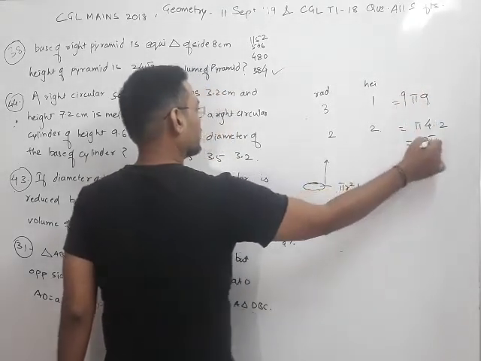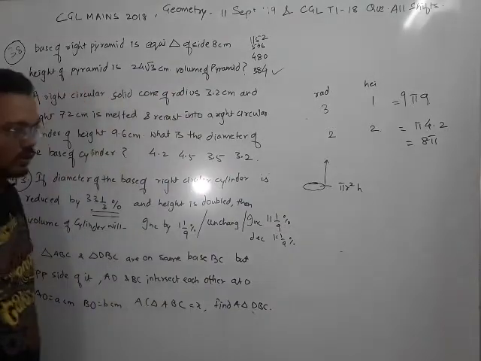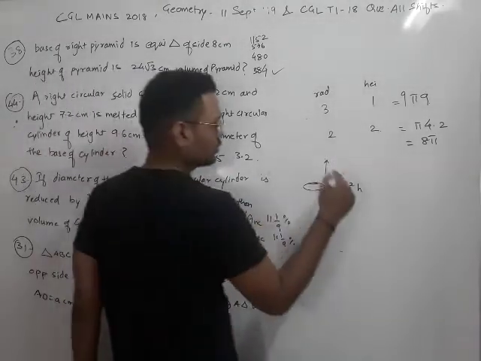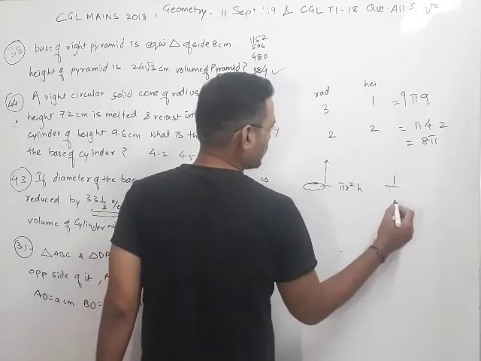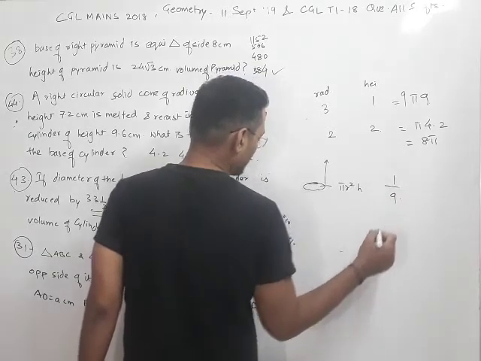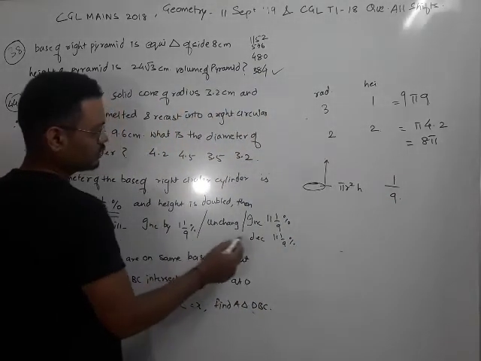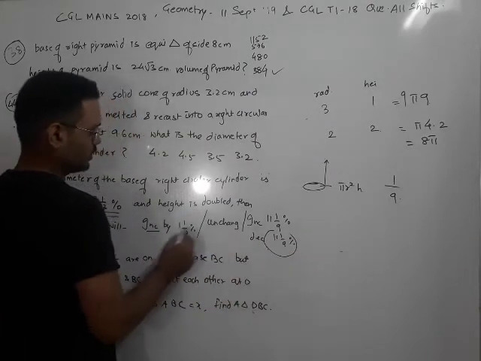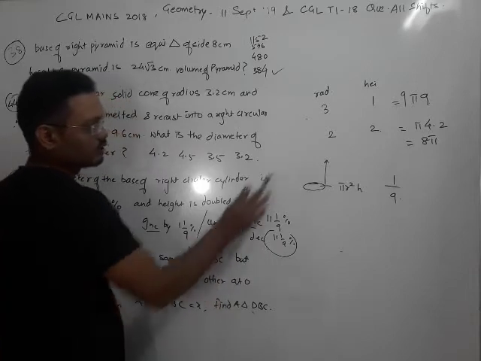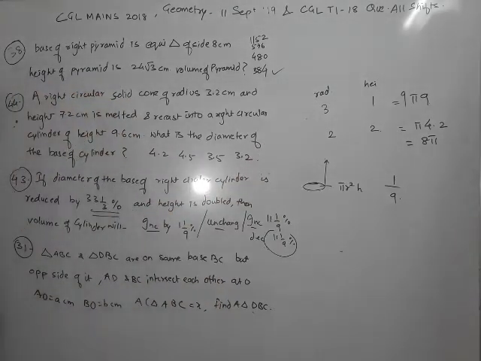Earlier it was 9 pi, now it is 8 pi. So how much is the increase or decrease? It is a decrease. How much is the decrease? 1 by 9. There is a decrease of 1 by 9, only one option says about decrease. So this is the shortest and the fastest way of doing it.